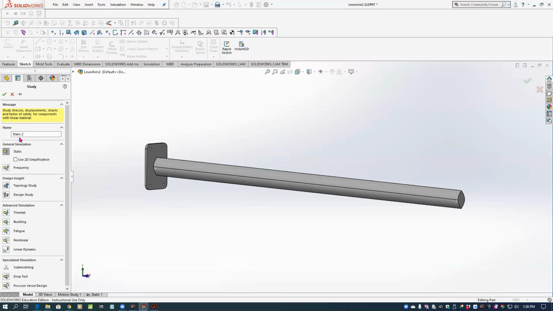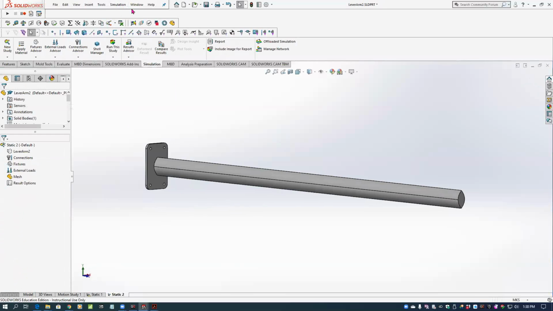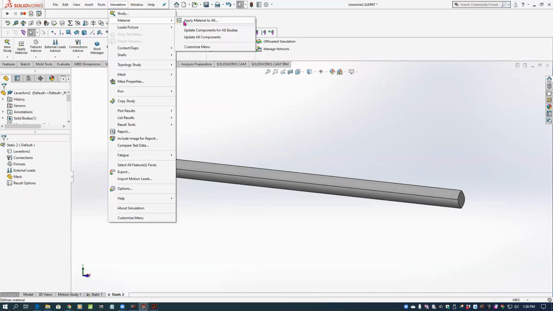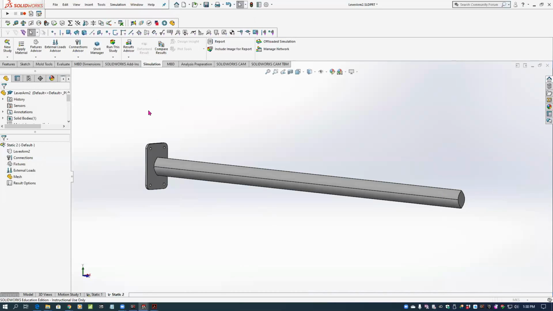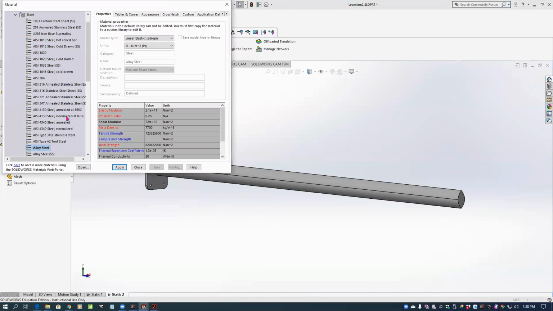We'll do a static analysis and just say simulation static, and then material, apply material to all. This beam was made out of ASTM A36. So let's scroll down to the A36 steel. Let's see.